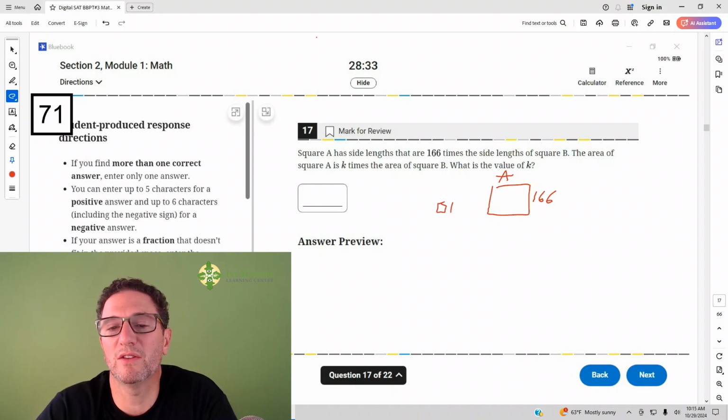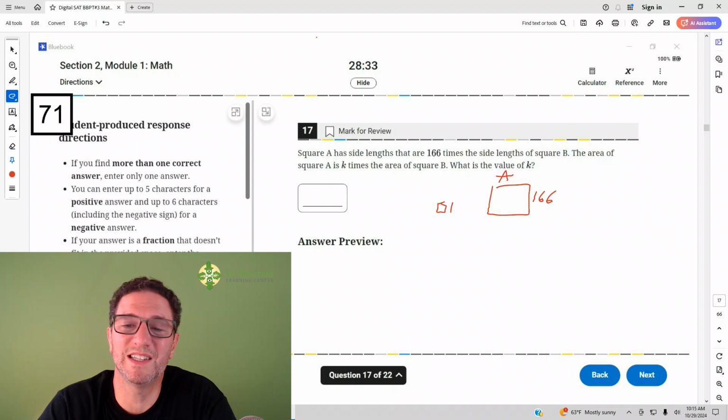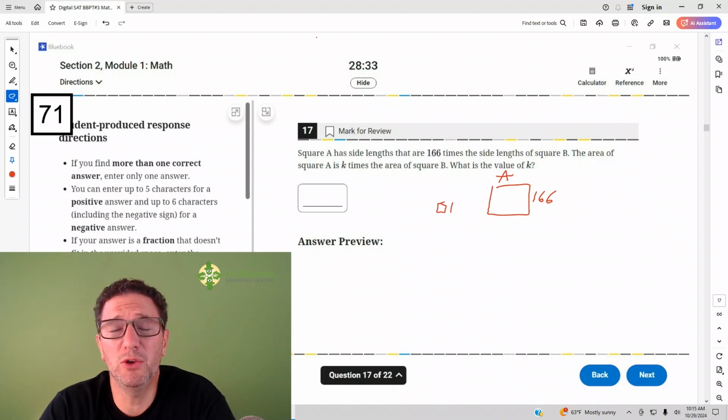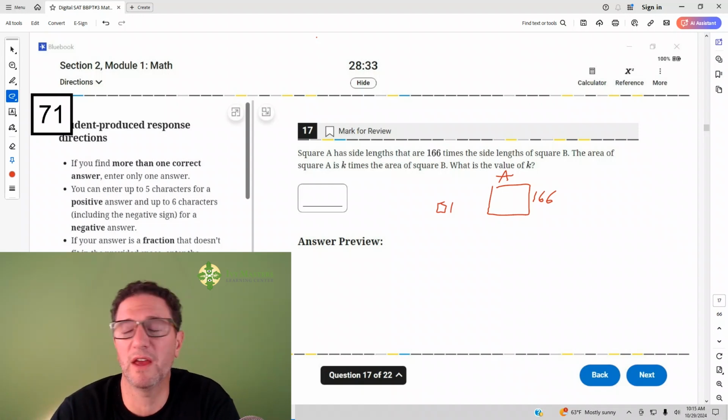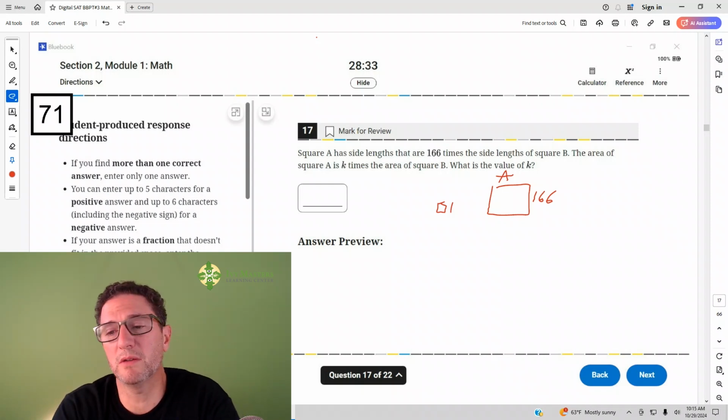It doesn't say the length of the side of square A is 166. But it's so easy to work with those numbers, 1 and 166, and then you have that relationship. It tends to be easier to work with numbers than to work with variables. I could have labeled this x and 166x, but you'll probably find that more confusing. So whenever it's easier to pick numbers, pick numbers.